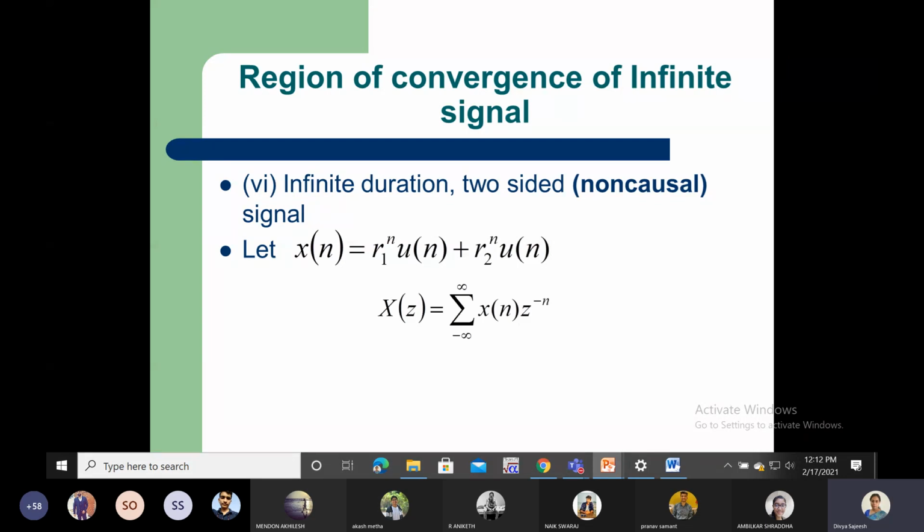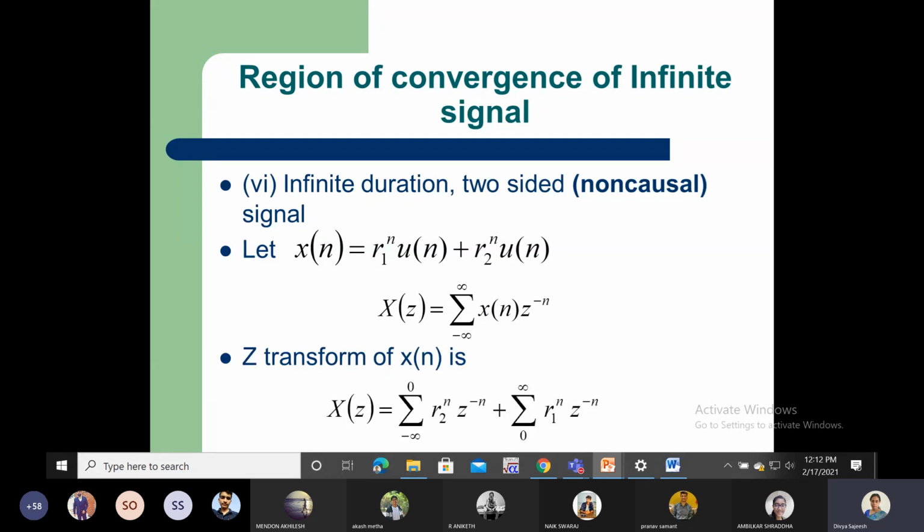So the signal exists from minus infinity to infinity, x of n, z raised to minus n. Are you able to understand? Is the definition of the signal x of n correct?